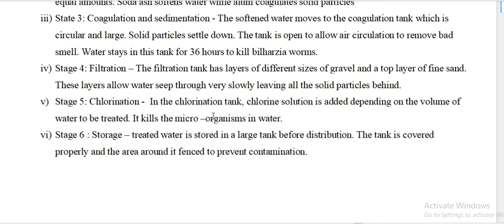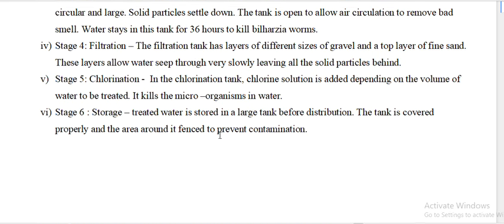In the chlorination tank, chlorine solution is added depending on the volume of water to be treated, and it kills microorganisms in water. Stage 6, storage of water, and the treated water is stored in a large tank before distribution. The tank is covered properly and the area around it is fenced to prevent contamination. And that is the treatment of water.